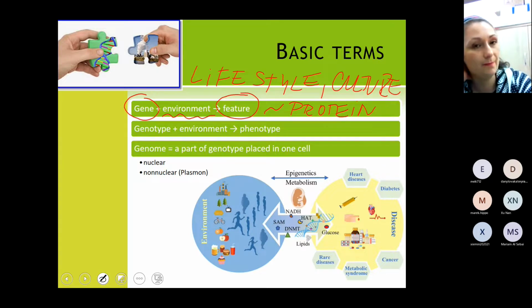Any ideas? How did our body decide which recipe is used for the cooking of a protein? Which gene we are using, which allele?